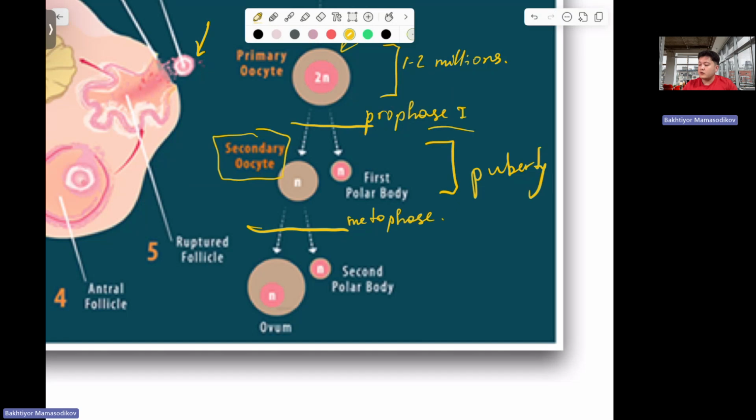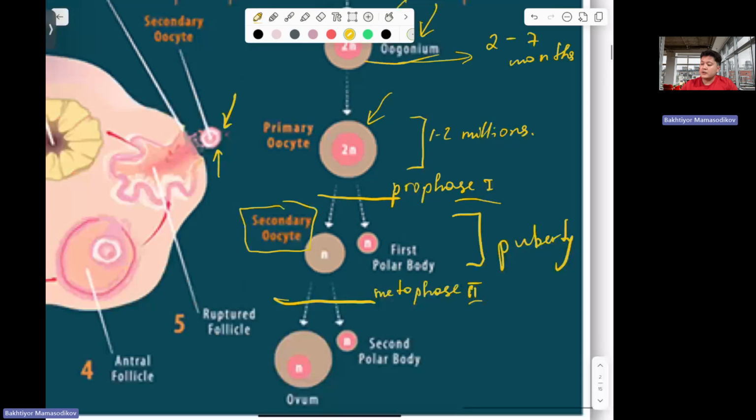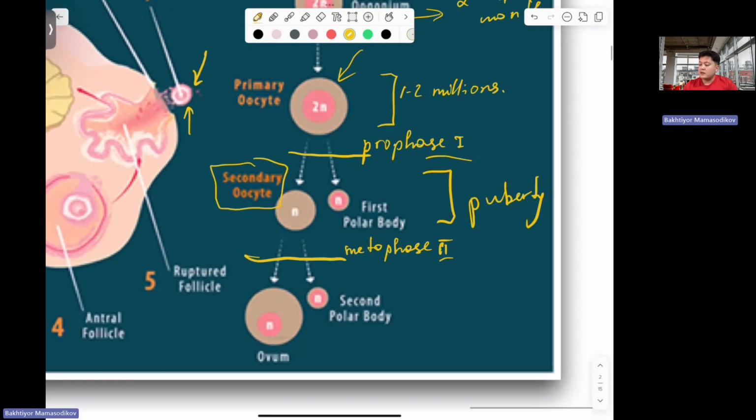Every secondary oocyte which is released will be arrested in metaphase 2. When the sperm fertilizes the egg and the ovum is formed, meiosis 2 will finish.